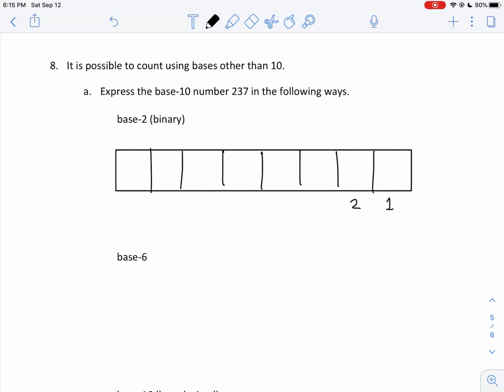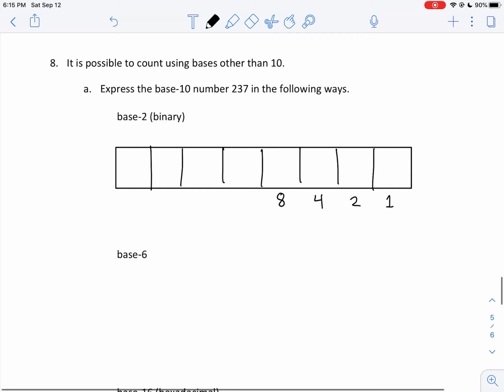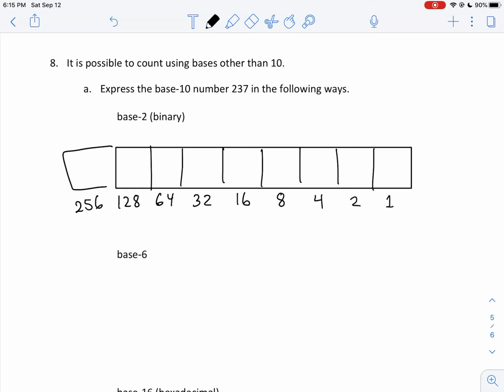We have a 2 to the first, which is 2, a 2 squared, a 2 cubed, and notice I'm just doubling as I go. And one more box would be, let me just put it in there for just a moment, 256. So I just doubled and doubled and doubled.